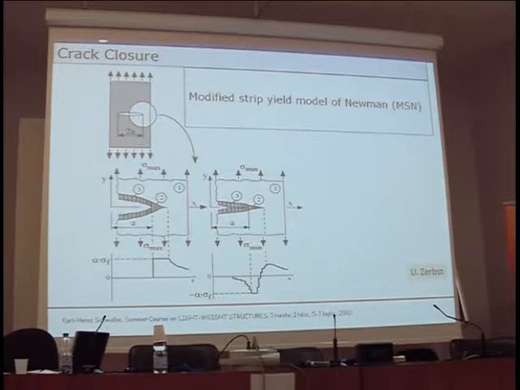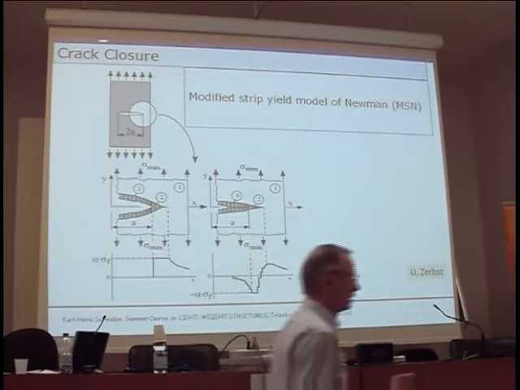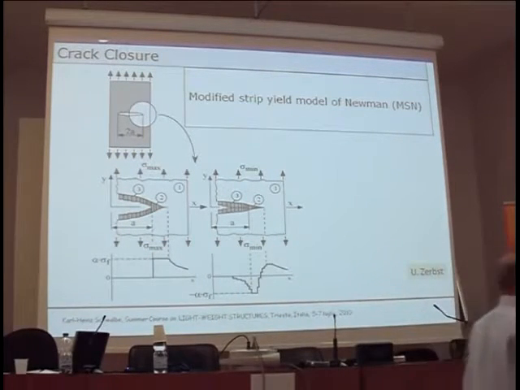Now, final thing. Jim Newman at NASA, now at Mississippi State University, developed a fatigue propagation code which includes crack closure, and that is plasticity-induced crack closure.